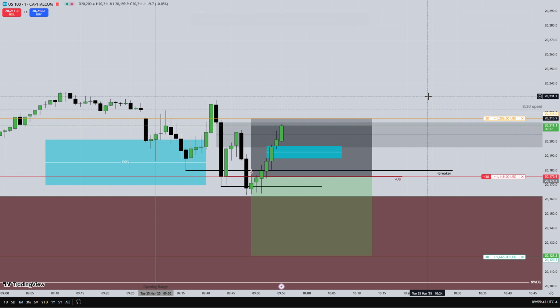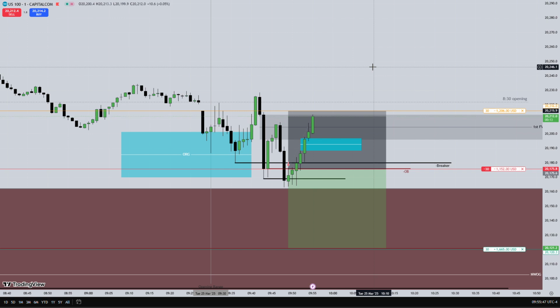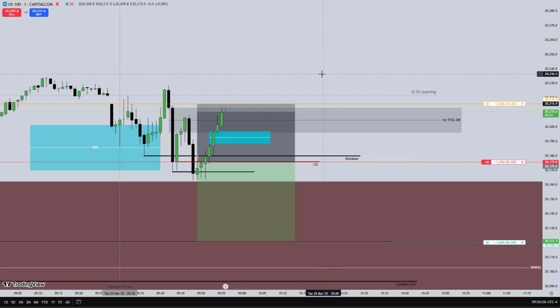So let's see. Okay, as I said, it seems like it's a loss for me today, but it is fine. It's only 1% of my account. It's not a big risk. It's fine with me. And this closes above, in the upper quadrant of this first presented fair value gap, so this is not a good sign at all for me.